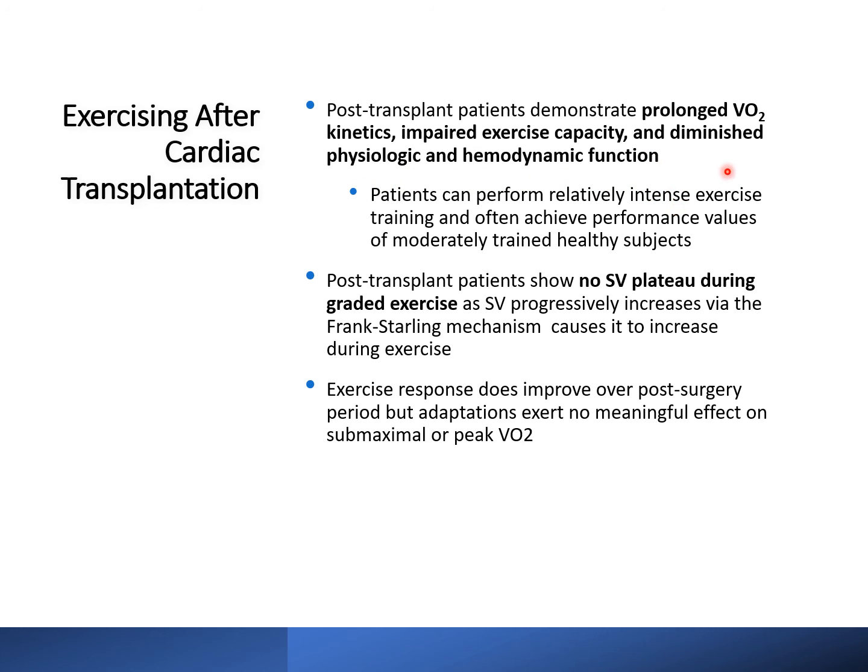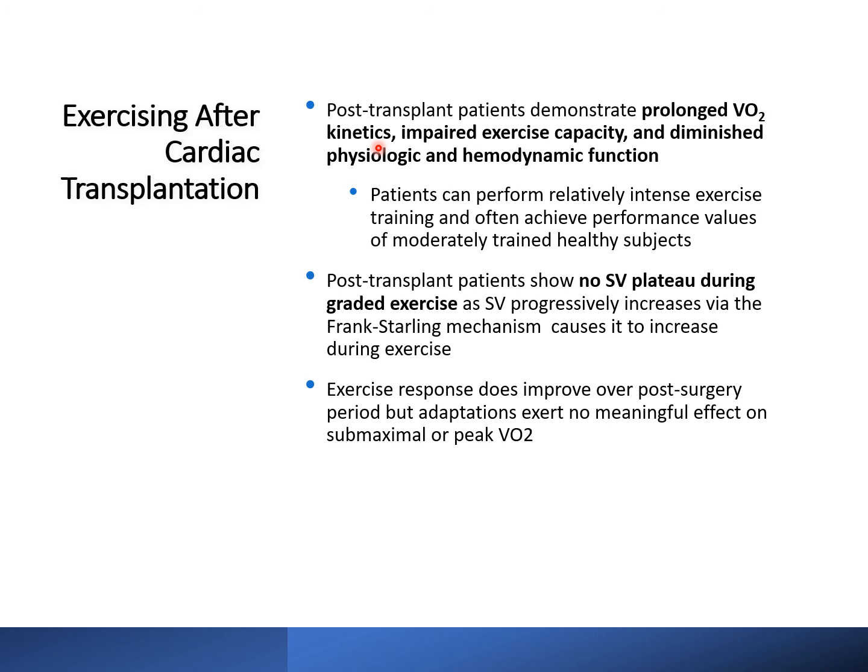So a more simplistic way of saying this is they don't have the capacity to reach the levels of a healthy individual. They don't have the energy to exercise as long as a healthy individual. They don't have that volume of oxygen capacity and the ability to adapt to higher levels of exercise.